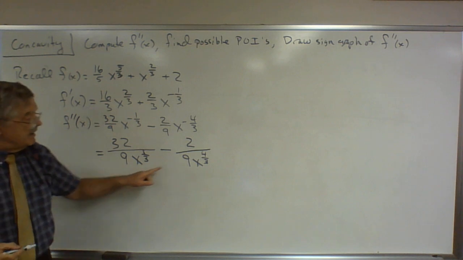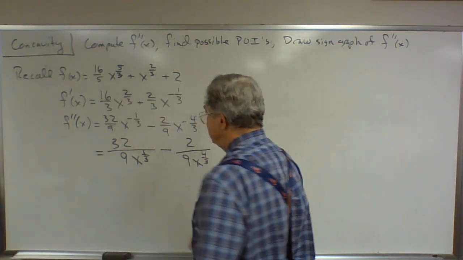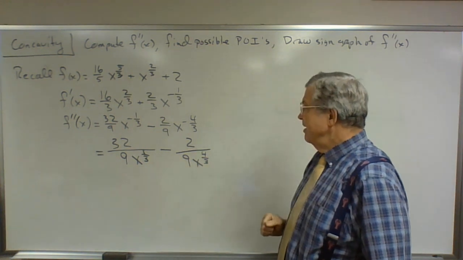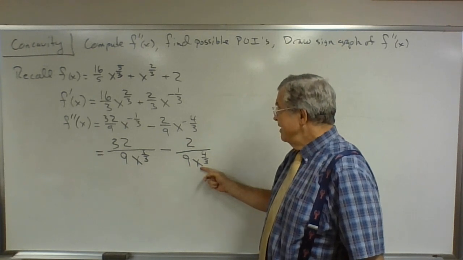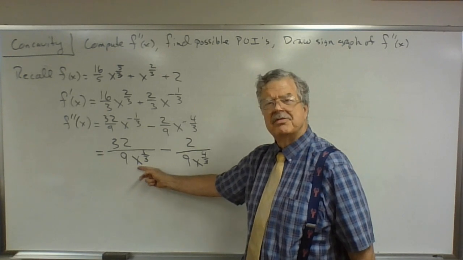And I want to combine these two terms. The denominators both have a factor of 9. This has a factor of x to the 4/3. This has a factor of x to the 1/3.